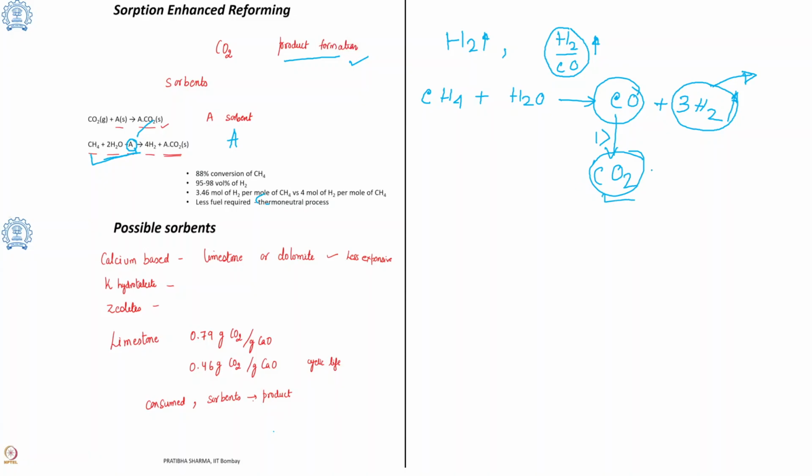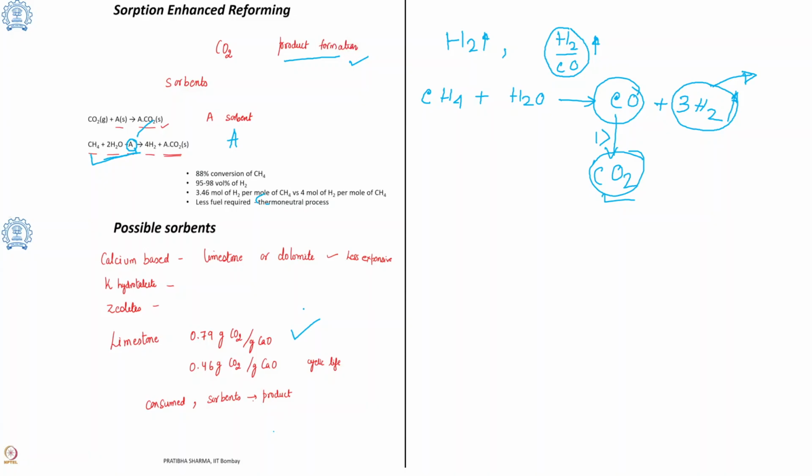In this way the rate of reactions will be high, and the purification of the hydrogen gas will also be done. These are some data: 0.79 gram of carbon dioxide is adsorbed per 1 gram of CaO, limestone.